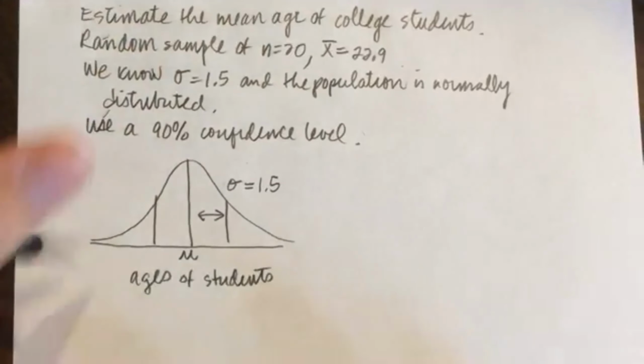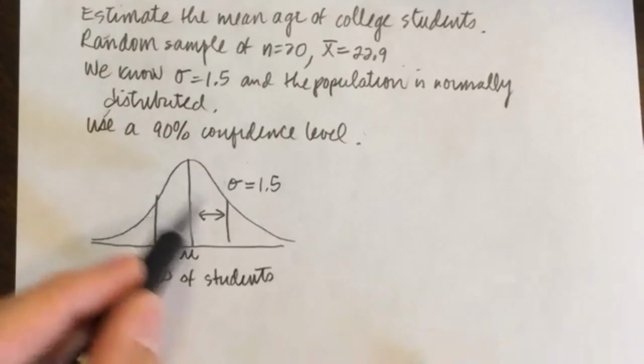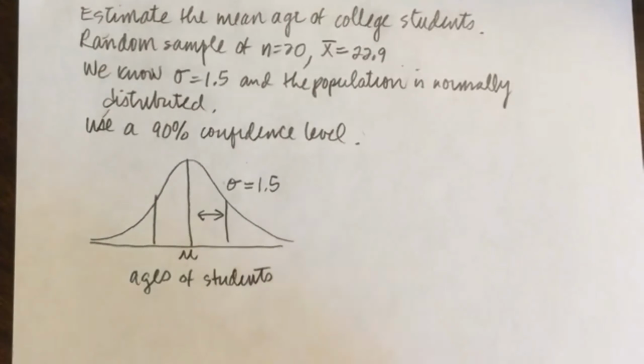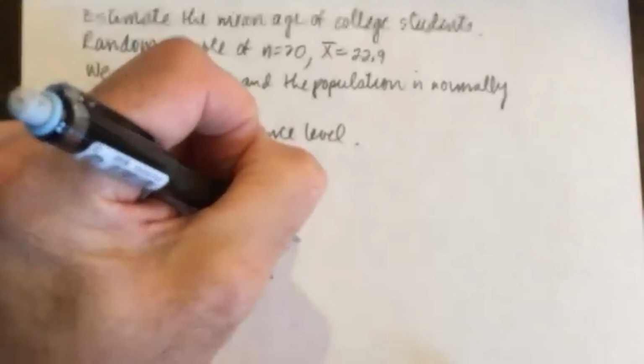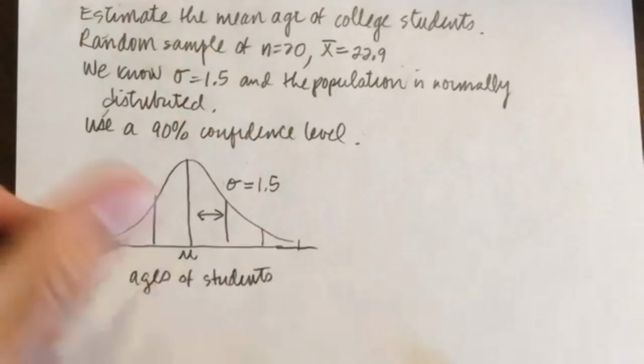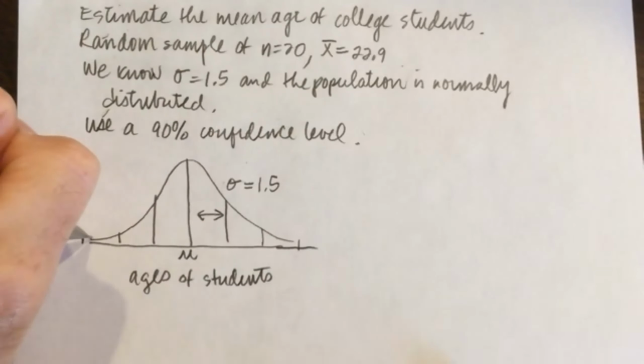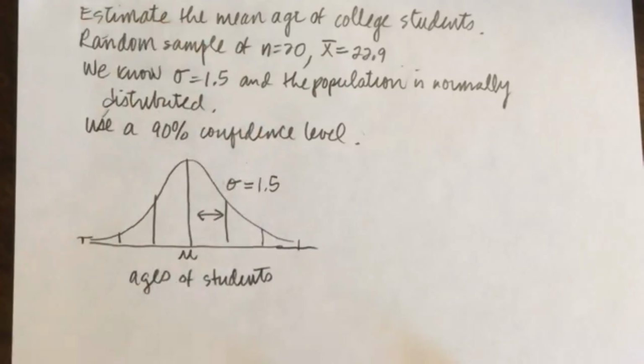So 68% of the college students are going to be either up 1 standard deviation or down 1, between -1 and 1 standard deviations, or in about a 3-year window. And then if we go out 2 standard deviations, 3 standard deviations, by the time we get out to 3 standard deviations, we know from the empirical rule that 99% of all students are going to be in that range.